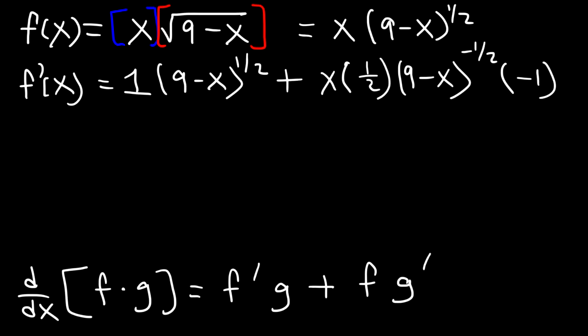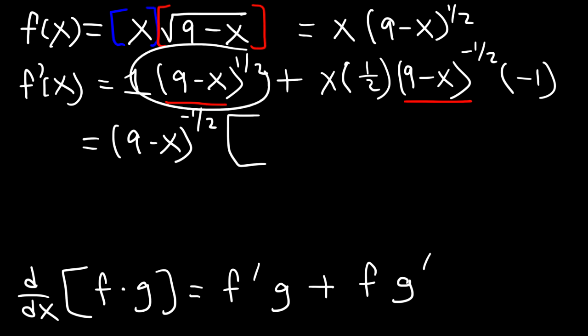So now, like before, we need to factor out the GCF. The only thing that we could take out is 9 minus x, and -1/2 is less than 1/2. So the GCF is going to be 9 minus x raised to the -1/2.